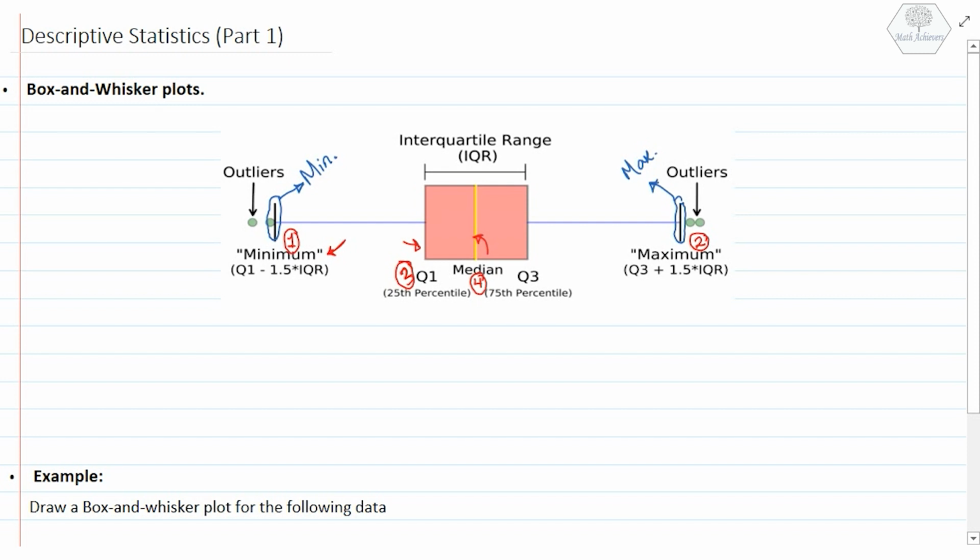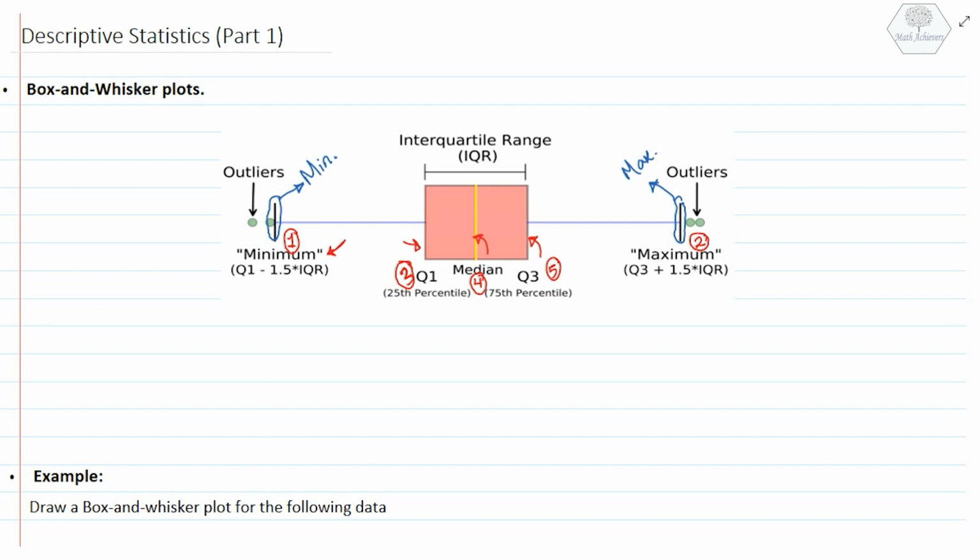And the fifth value is the upper quartile, Q3, which is this line. After figuring out these 5 values, the minimum, Q1, Q2, which is the median, Q3, which is the upper quartile, and the maximum, we can draw our box and whisker plot.